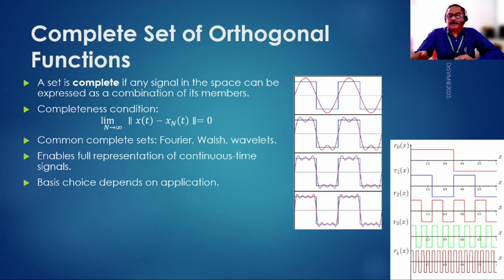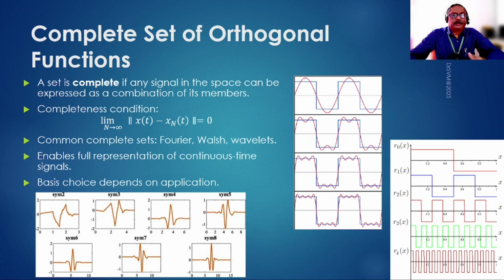So one is f, then the next one is 2f, then 4f, then 6f, then 8f, and so on. So that way we have different harmonics, and these combined together form different approximations, and that is what we use under the Walsh set.